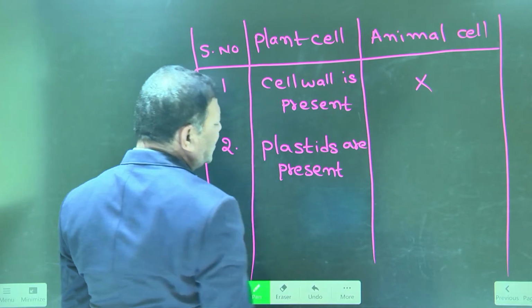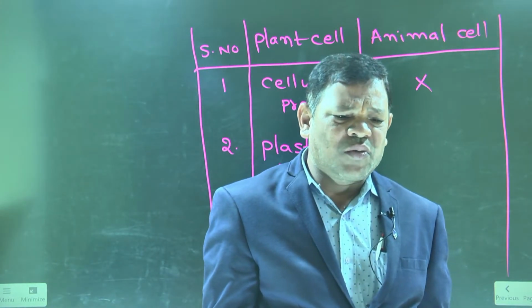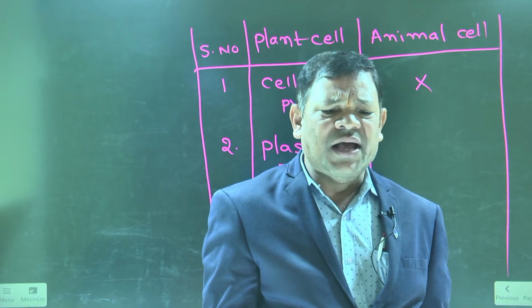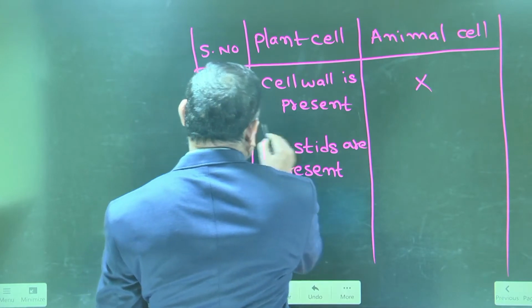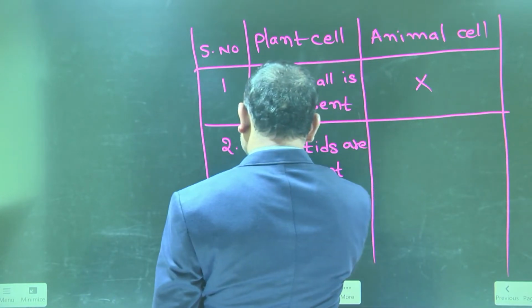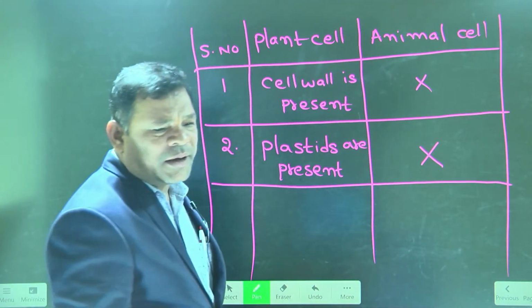What are the plastids? You know very well: chloroplast, chromoplast, leucoplast. These plastids are present only in the plant cell. In the animal cell, these plastids are absent.